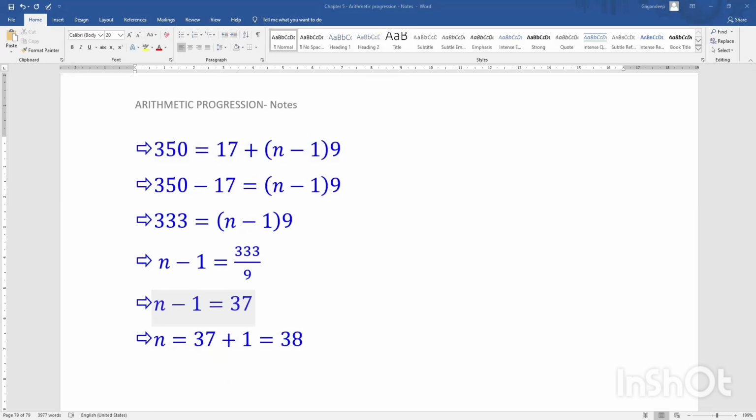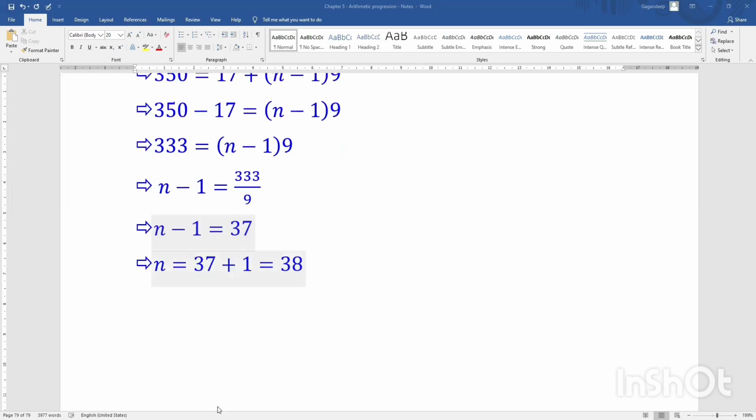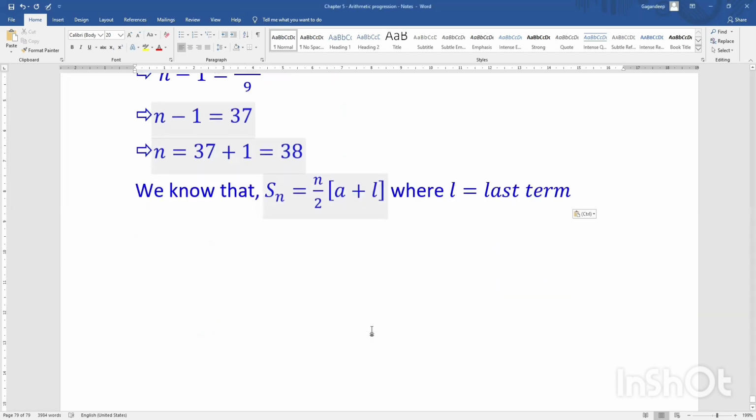And then we have the Sn formula. Sn is equal to n by 2 into a plus l, where l is equal to the last term. So I take the Sn formula and copy the same formula here. Sn is equal to n by 2 into a plus l.